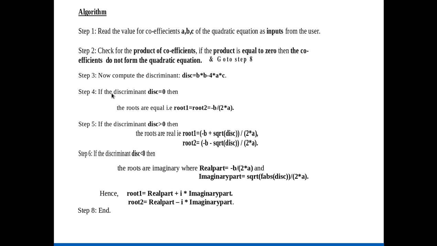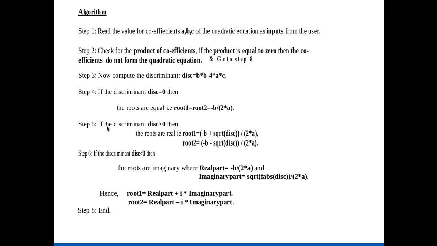Then using the value of the discriminant, I come to some conclusions, or some possibilities. After the third step, in the fourth step I check if the discriminant equals 0, then I directly say that the roots are equal. Obviously, equal roots are computed as root 1 equal to root 2 equal to minus b divided by 2a. Then in the fifth step, if the discriminant is not 0, it is positive or negative.